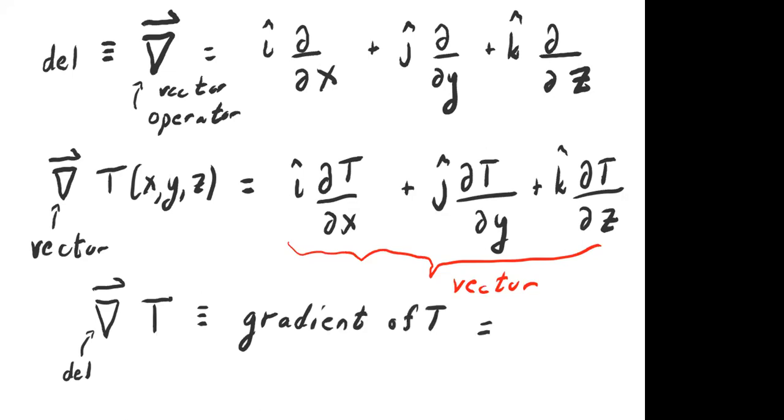Those are too many words, so let's just abbreviate this as grad t. So let's say that again. When you take the gradient of a scalar function, you get a vector. So you can only take the gradient of a scalar.